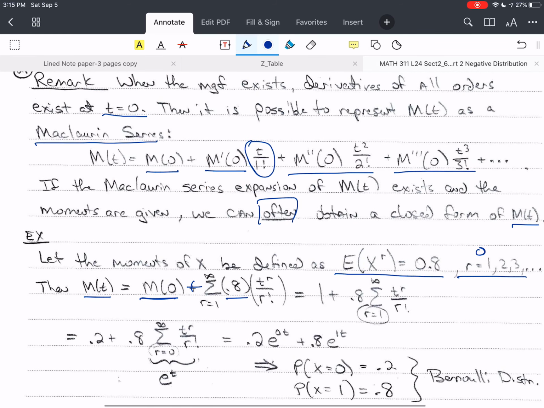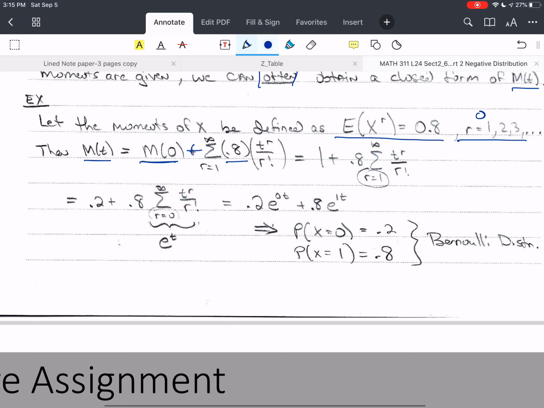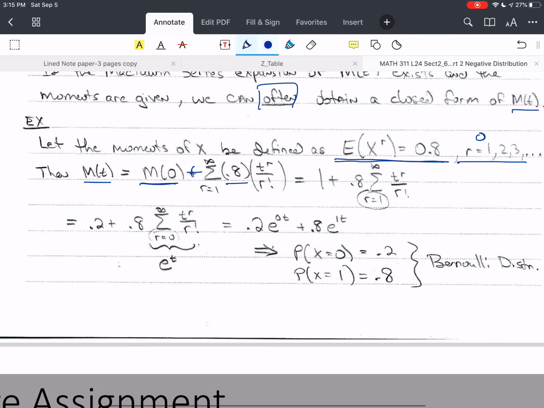All right, so what we're saying is that the derivative, when we say E(X^r), that's M_r(t). So all the derivatives are 0.8, so they're constant. Okay, so an interesting looking MGF there. All right, and we have this sum, and so we put in t to the r over r factorial.